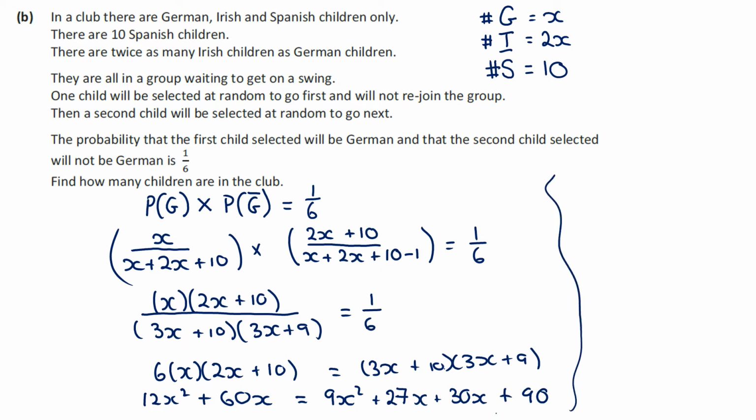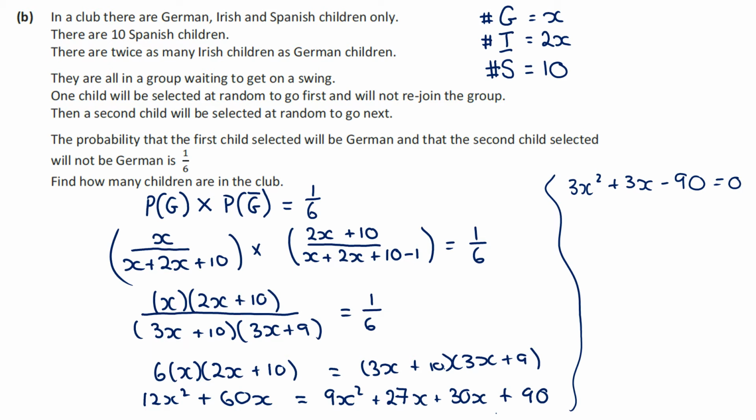Little bit of clean up on that, bring the 9x squared over. We get 3x squared. 60x minus the combined 27 and 30, that's 57. So when that's brought over, it's a minus 57, so that's a plus 3x. And then a negative 90. And that all equals 0.